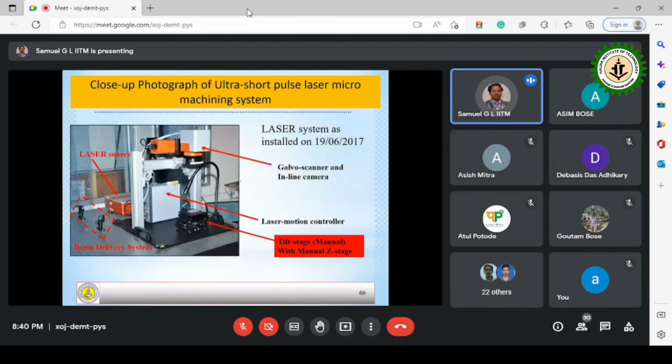Another interesting thing: we had a laser of an older generation where the size of the lasers used to be very, very big. The equipment required to produce the laser was very big. But in our case, this is a fiber-based laser. You will not be able to see the whole picture, but only this much. It is something like a scanner size.